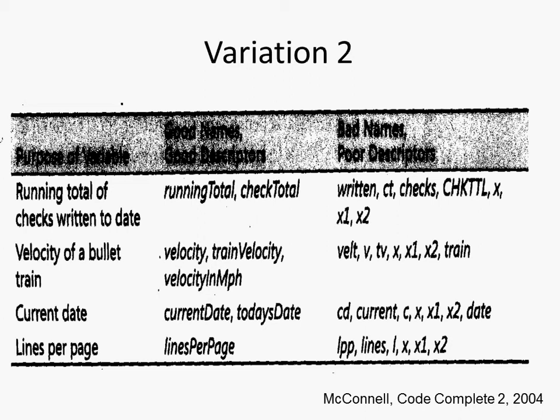Velocity in miles per hour, train velocity. Ladies and gentlemen, some years ago, I think it was perhaps 10 or so years ago now, there was a quite high-profile mission launched by the United States to Mars to investigate that planet.